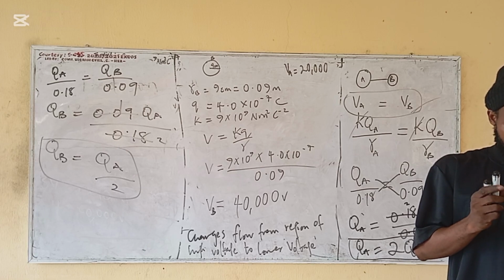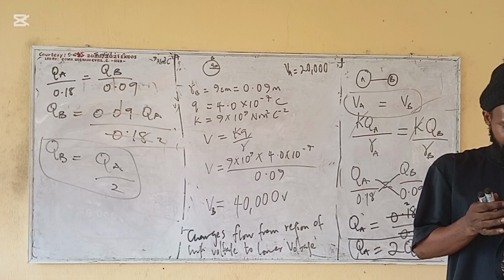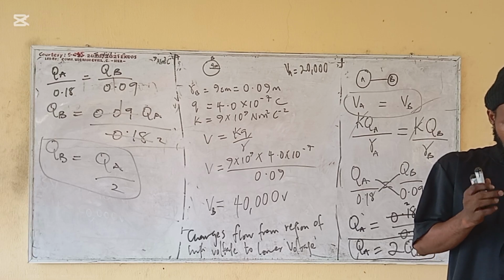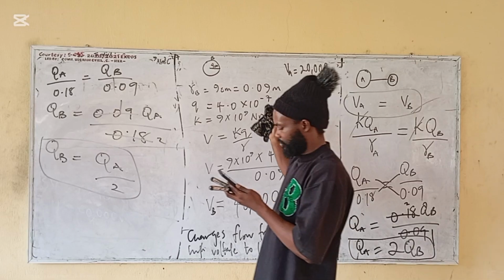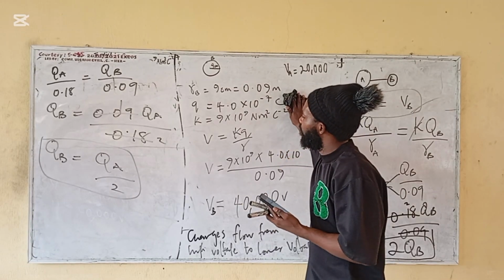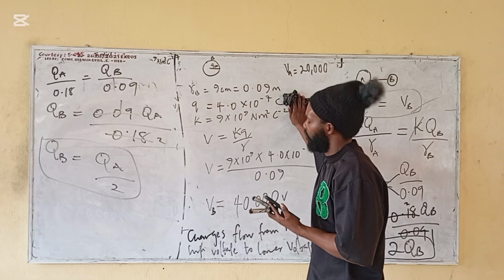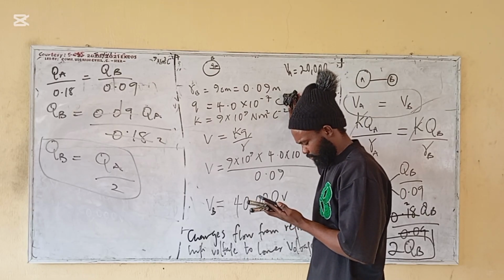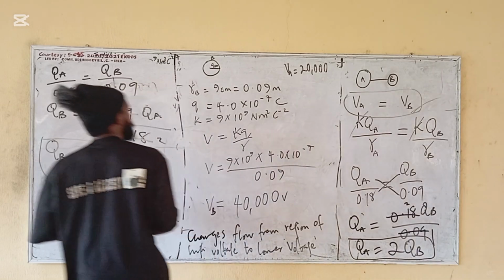So panic less. Calculate also the final charge in each sphere. Just multiply the 2 by the charge to get A, and divide the charge by 2 to get B. The charge given to us, what charge?